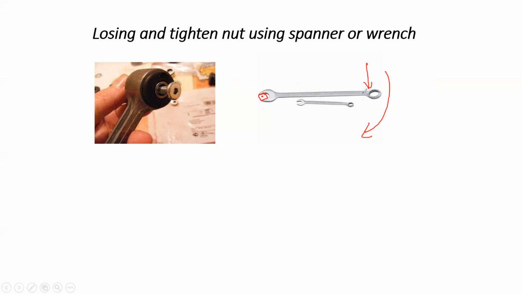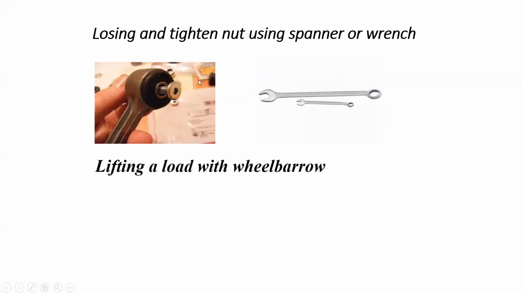So basically you produce a moment. The point where it is fixed on the nut is known as the pivot, and where we apply a force causes the turning effect. So this is also an example of a moment or a turning effect.